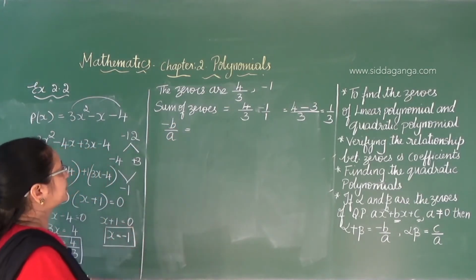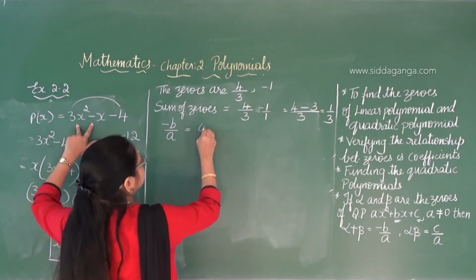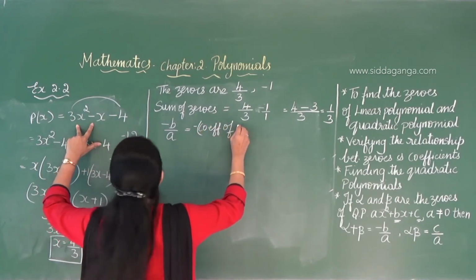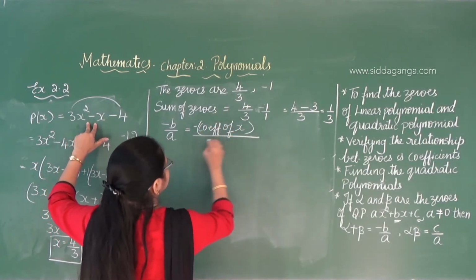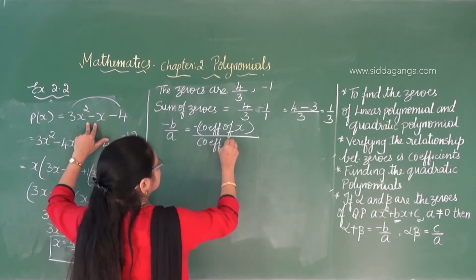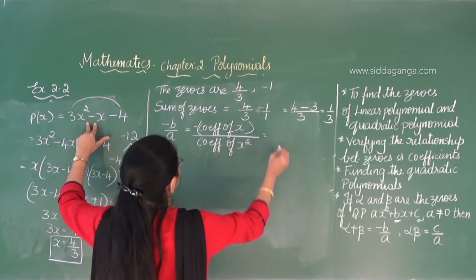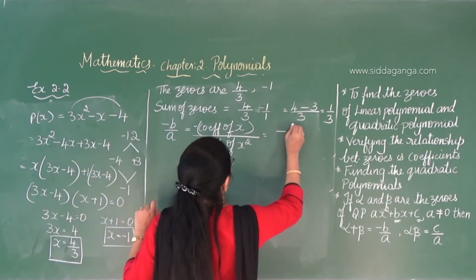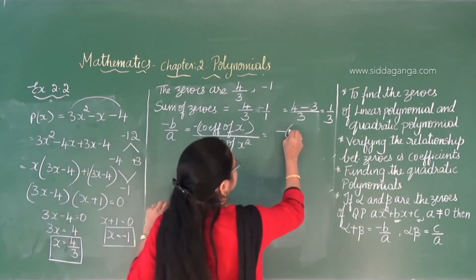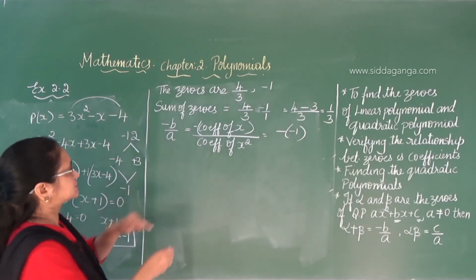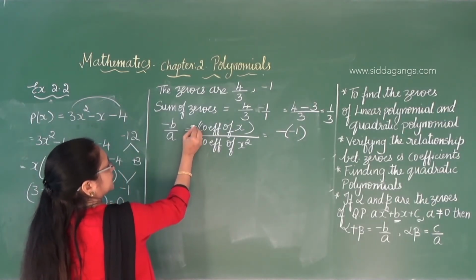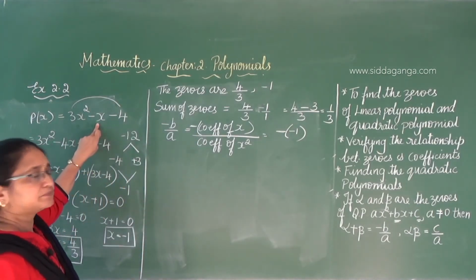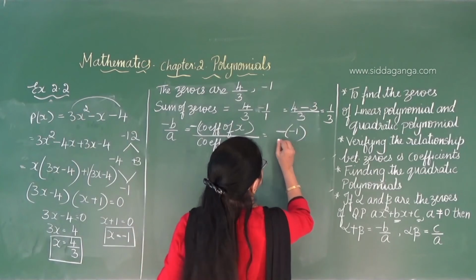So what is minus b by a? That is minus of coefficient of x divided by coefficient of x square. Now minus of coefficient of x means here minus of minus 1. I hope it is clear now. See, minus is this sign, it is in the formula only, then coefficient of x is minus 1, divided by coefficient of x square, that is 3.